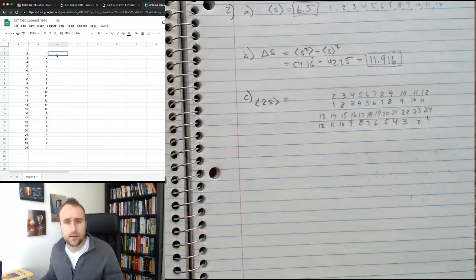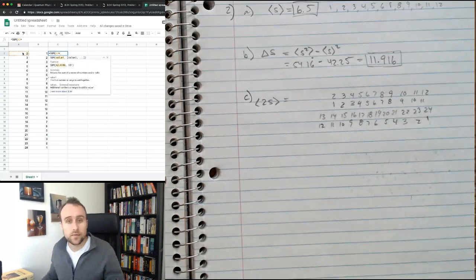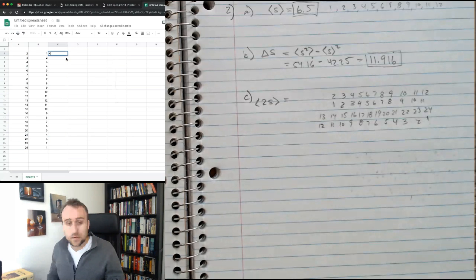All right. And then the expected value is equal to the sum of this times this. Let's begin multiplication first.